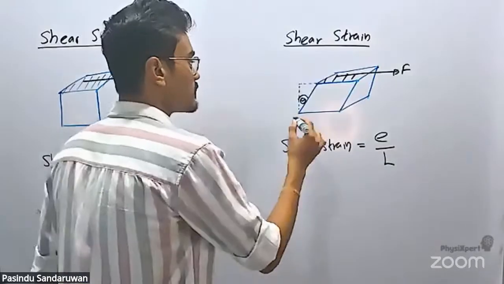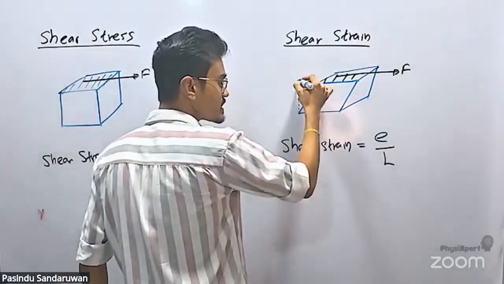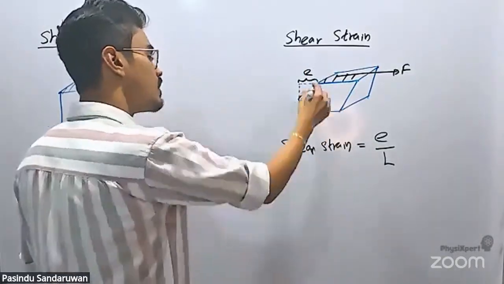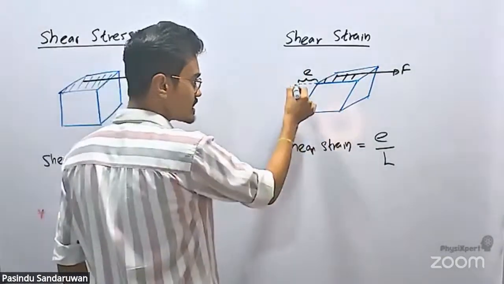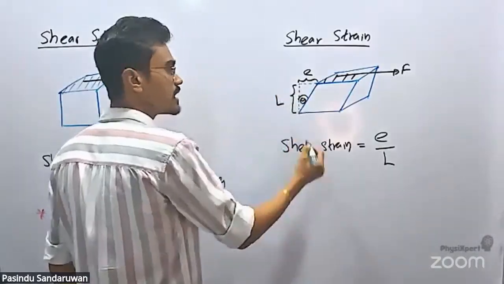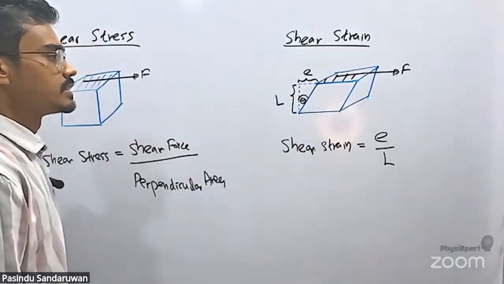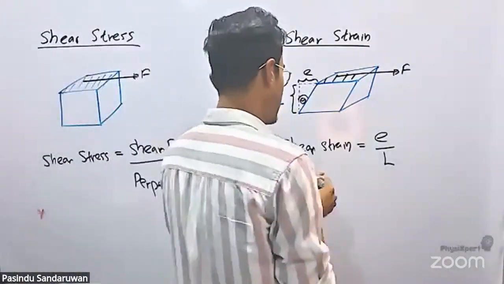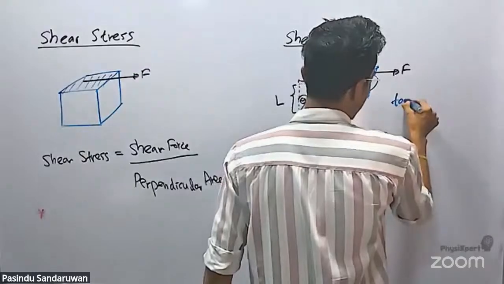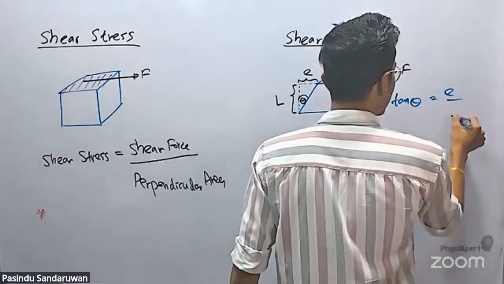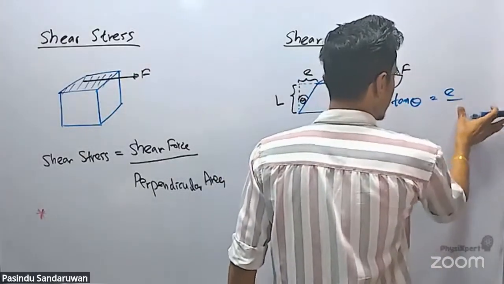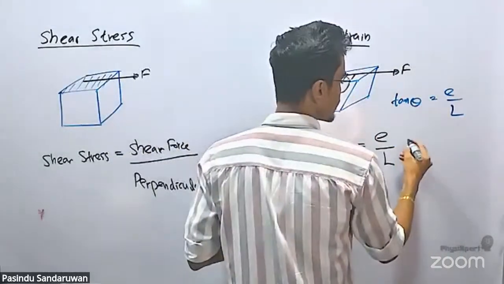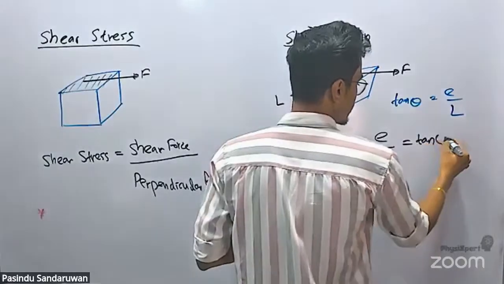But we consider e as the relative displacement of one point, and the initial length as this length, perpendicular to the extension. Therefore, using the diagram, we can write tan theta as e over L. So this equals tan theta.